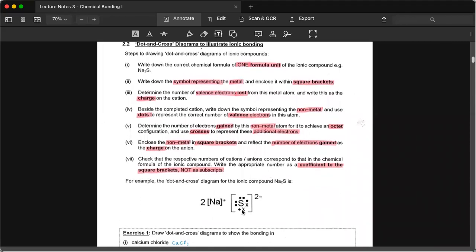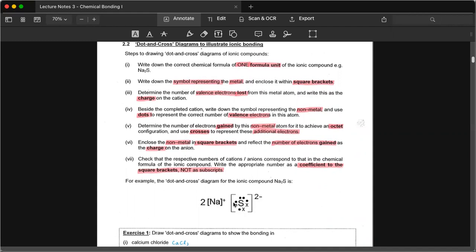Beside the completed cation, write the symbol representing the non-metal and use dots to represent the number of valence electrons in this atom. Determine the number of electrons gained by the non-metal atom for it to achieve octet configuration, and use crosses to represent these additional electrons.